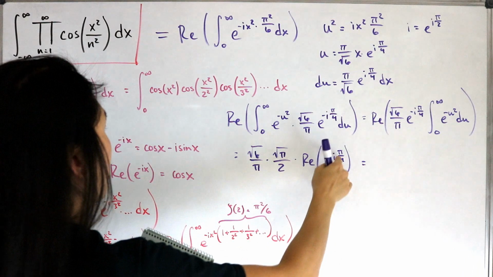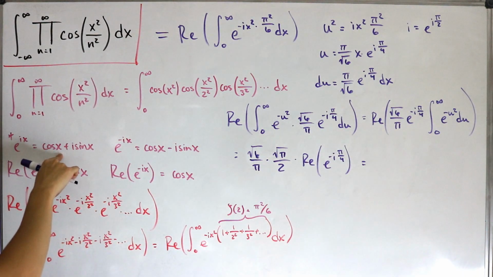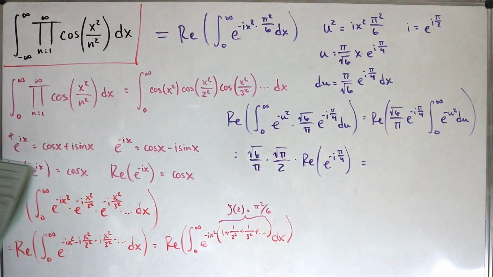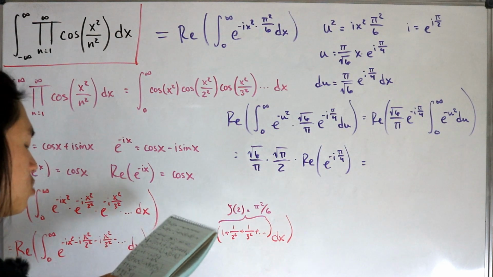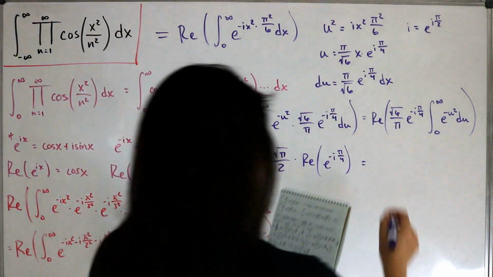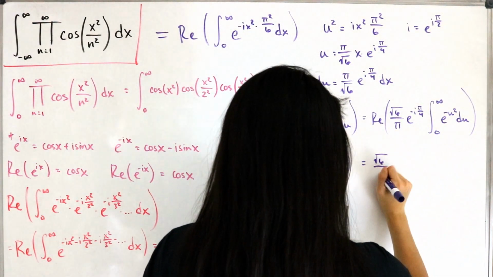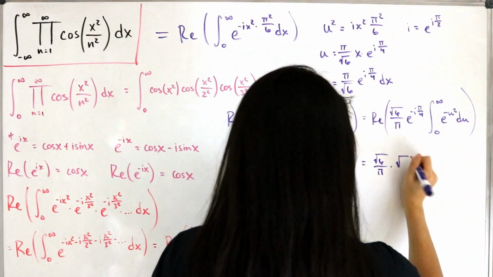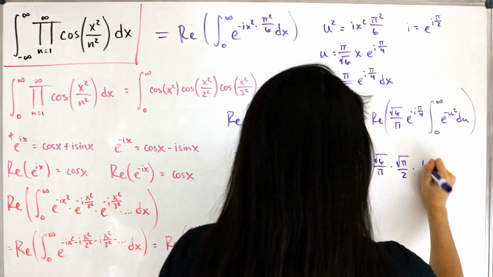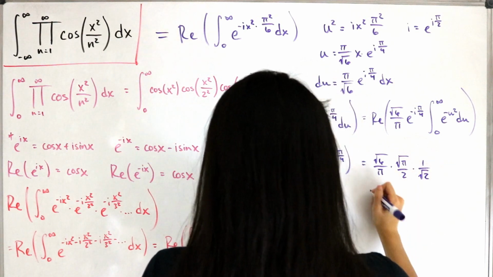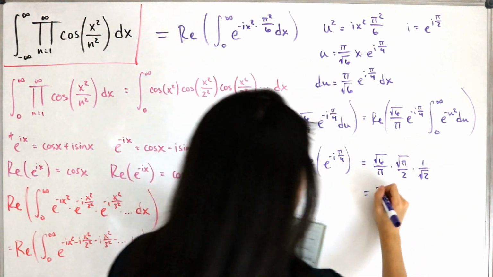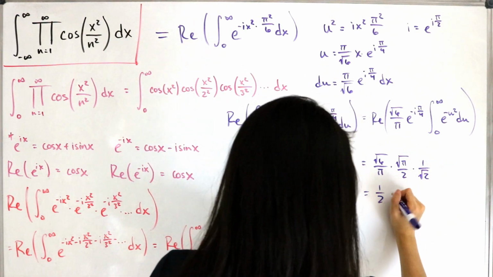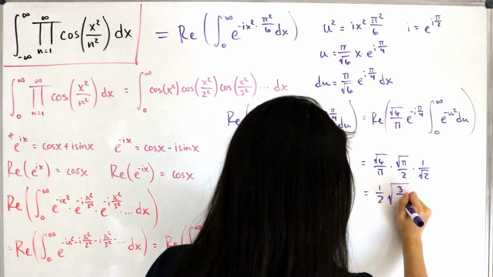If I plug the pi over 4 back into our Euler's formula and take the real part, that's simply equal to 1 divided by the square root of 2. And so that yields the square root of 6 divided by pi times the square root of pi divided by 2 times 1 divided by the square root of 2, which simply comes down to 1/2 times the square root of 3 divided by pi.